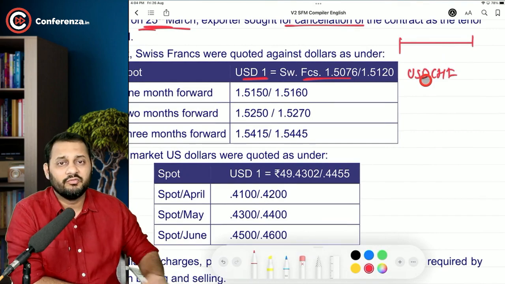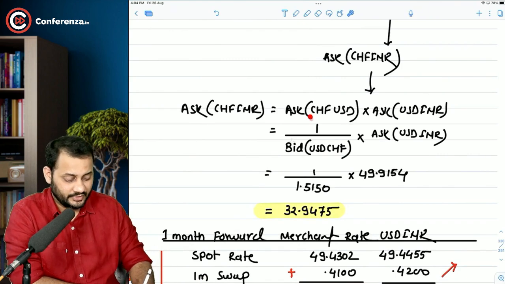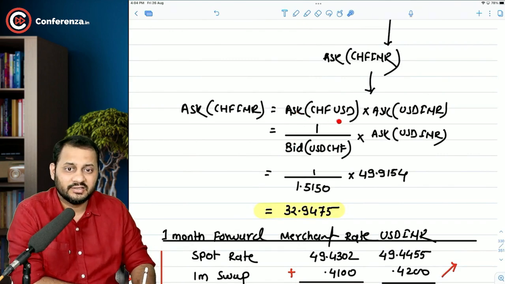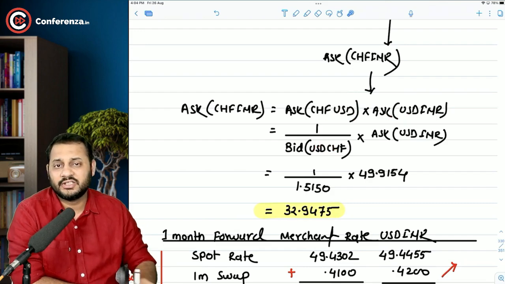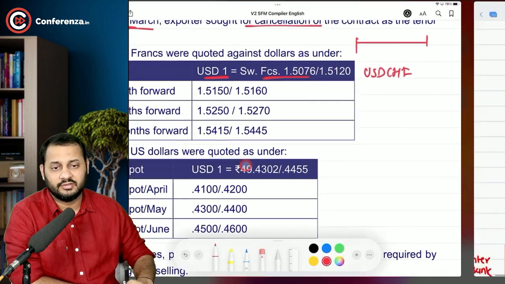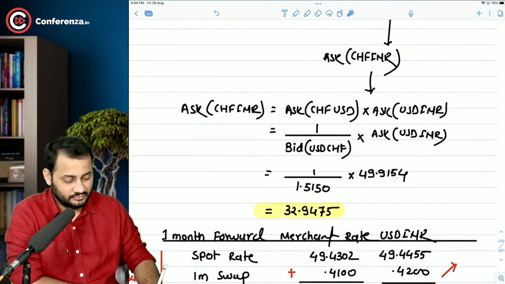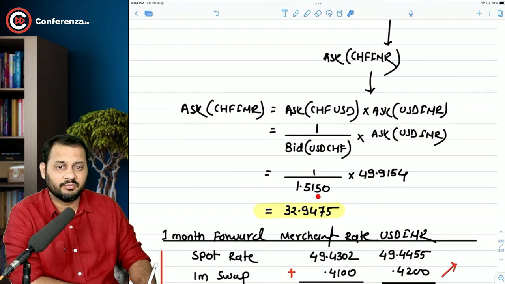What should we do? We will invert that quote, and while doing that, ask will become bid. You can see ask will become bid, and the quotes will exchange places. The other quote required is USD INR, and exactly that is given to us. So this is how we are going to solve. We will take the ask rate of USD INR and the bid rate of this.